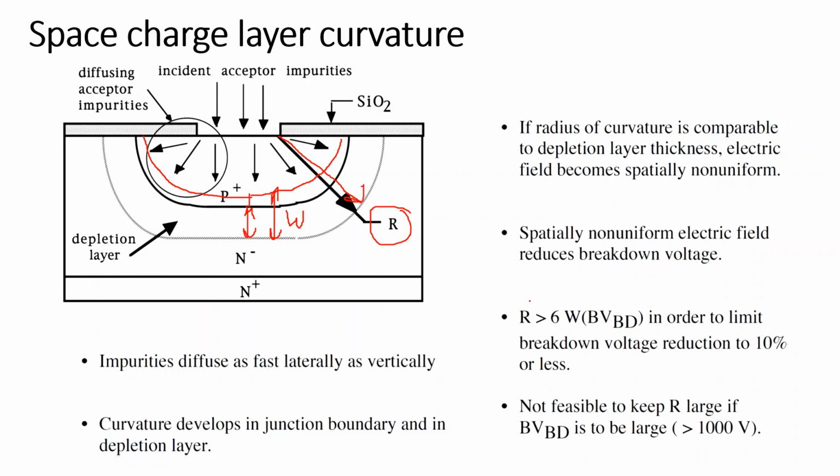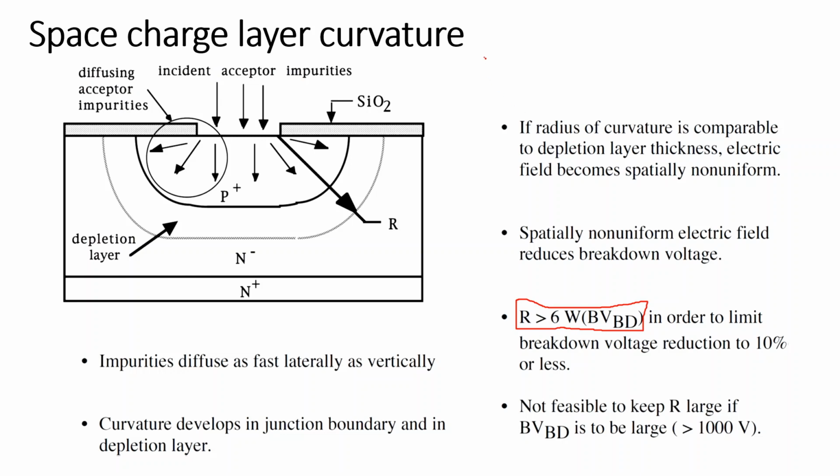Now the rule is that if this radius r is greater than 6 times the width of the depletion layer at the breakdown voltage, then the reduction in breakdown voltage is not very large. Okay, so if you do this, then breakdown voltage reduction is limited inside 10%.